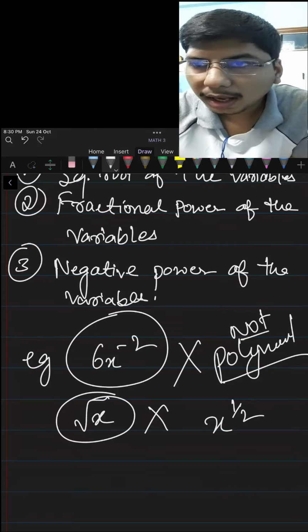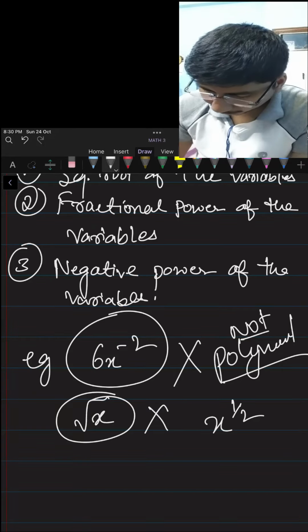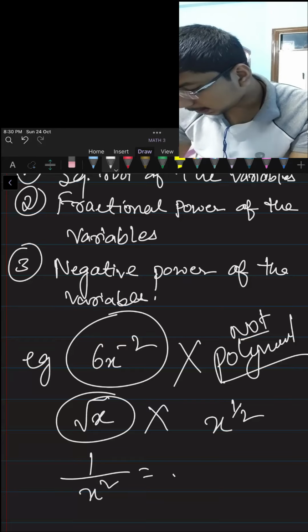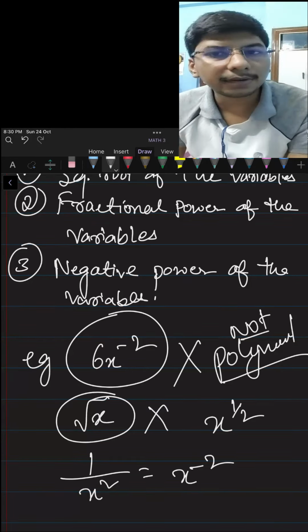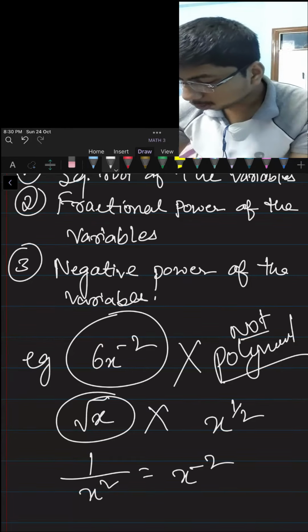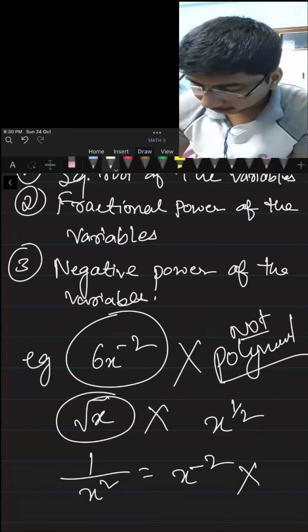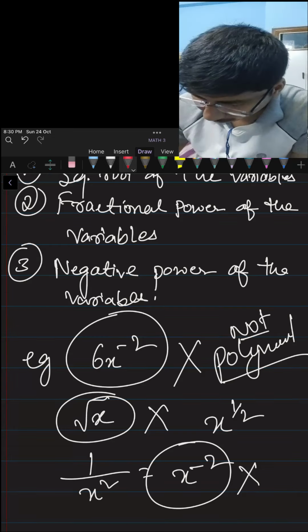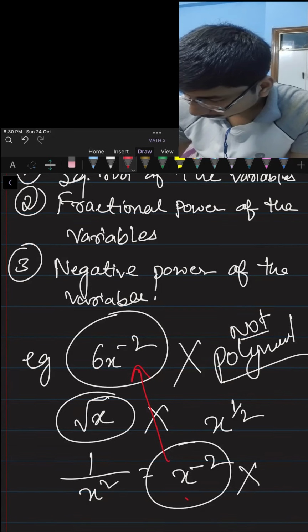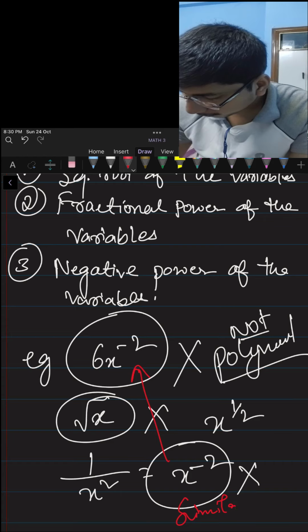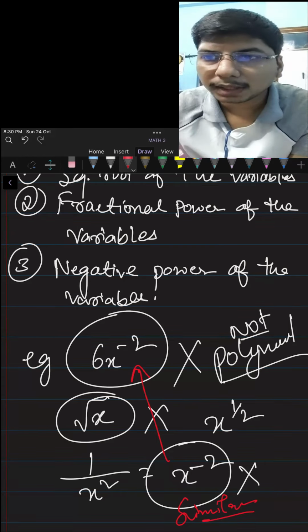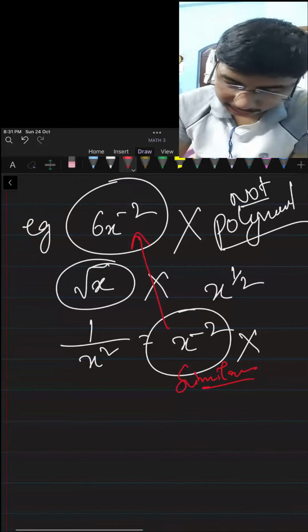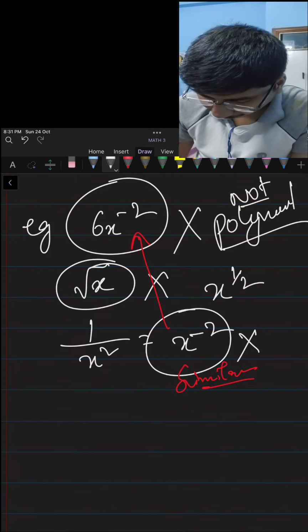Another example: when we solve this one, it comes to x to the power minus 2, which is not a polynomial, similar to this one.